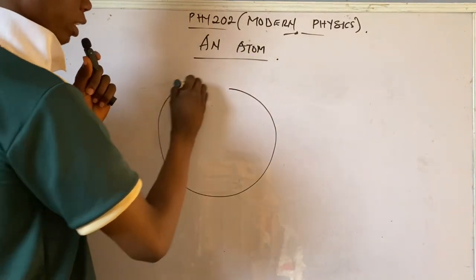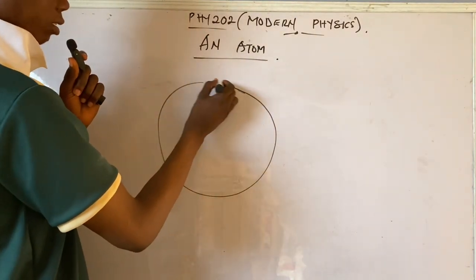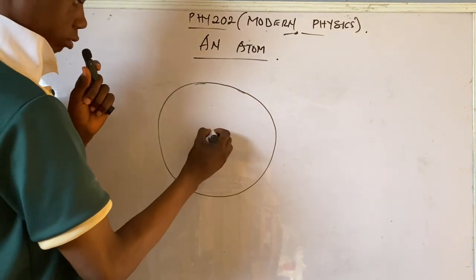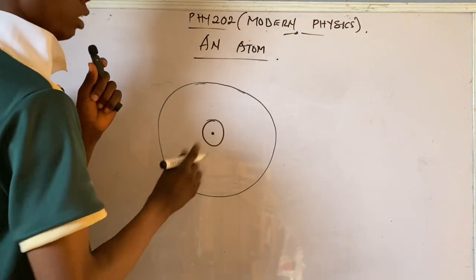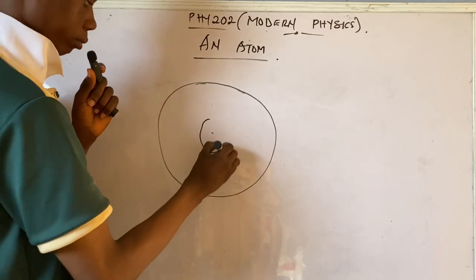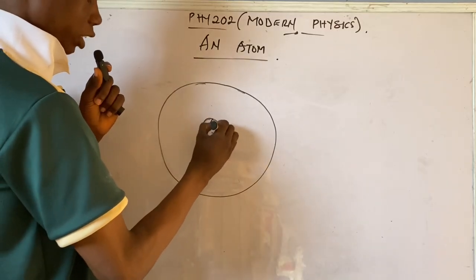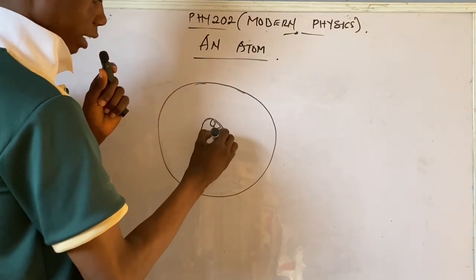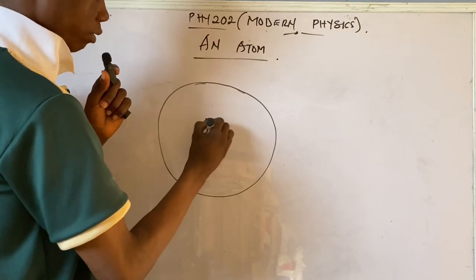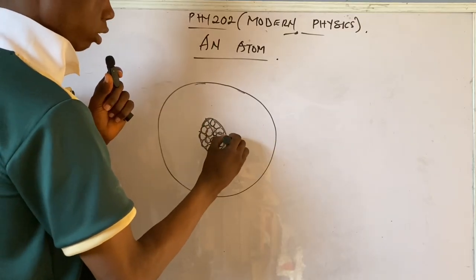According to the most sound model of the atom, it is spherical in shape and has a positive center called the nucleus.